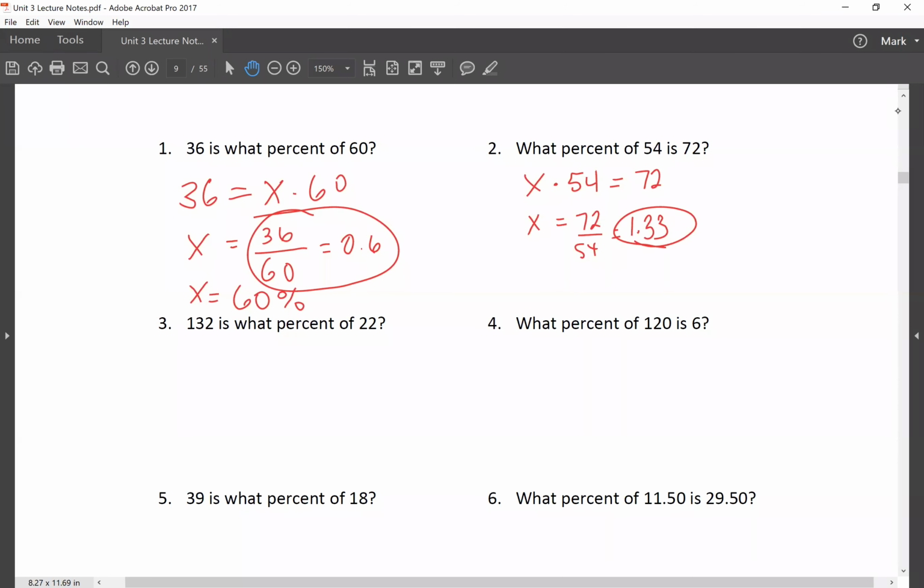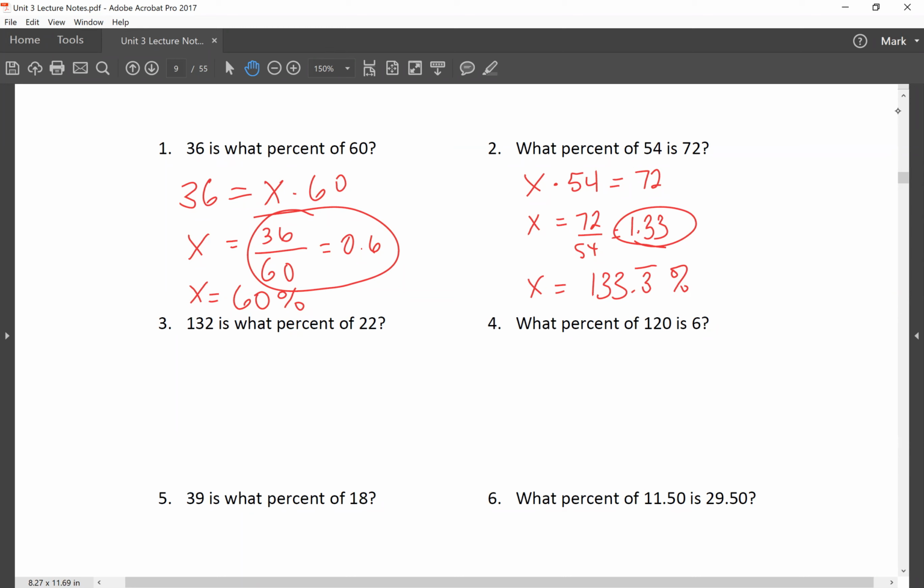So you'll notice I get a pretty weird answer here, but it was a pretty weird question. The answer is 133%, or if you want to be really fancy, 133.3 repeated. It's over 100%, and that's sometimes confusing to students. But you can have 200%, 600%.